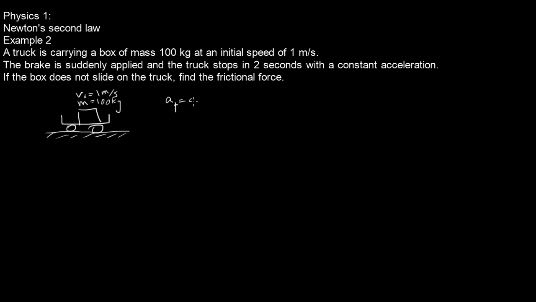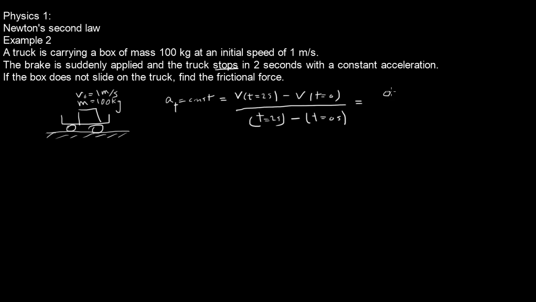Whenever acceleration is constant, it is equal to the average acceleration, and average acceleration is v at t equals 2 seconds minus v at t equals 0, divided by t equals 2 seconds minus t equals 0 seconds. At t equals 2 seconds it stops.